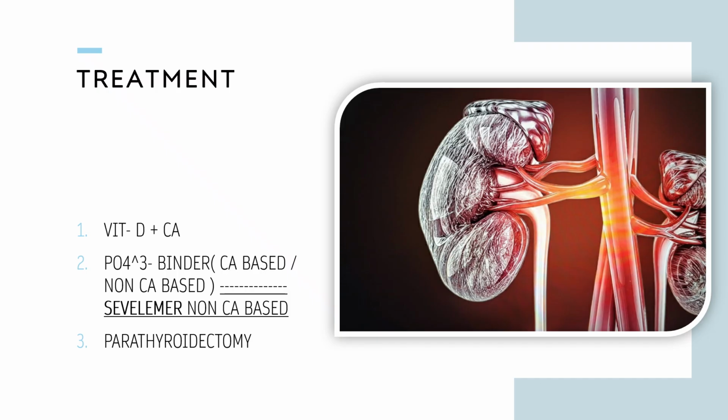And parathyroidectomy should be done when other treatments are not working, and if we see evidence of hyperplasia in the parathyroid gland, which is resulting in more phosphate, and phosphate is not coming out from the urine, that's why we do the parathyroidectomy.